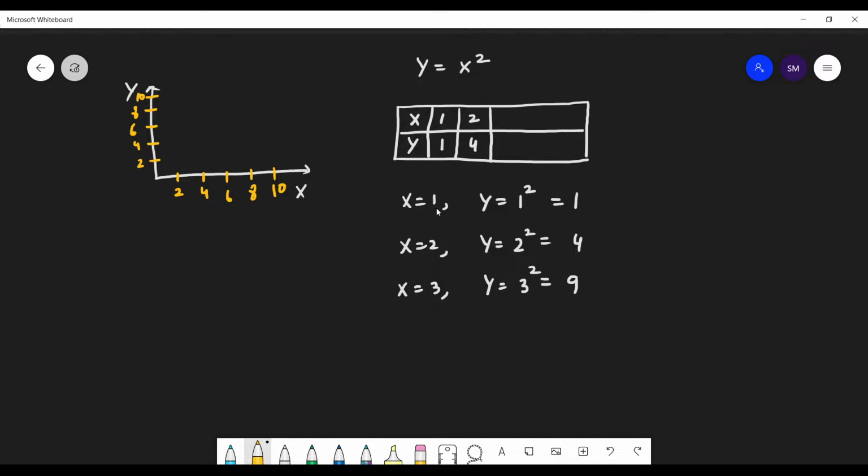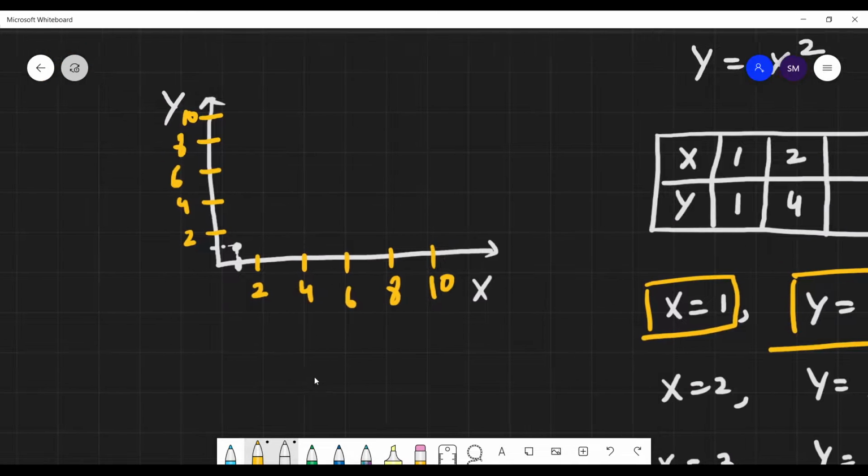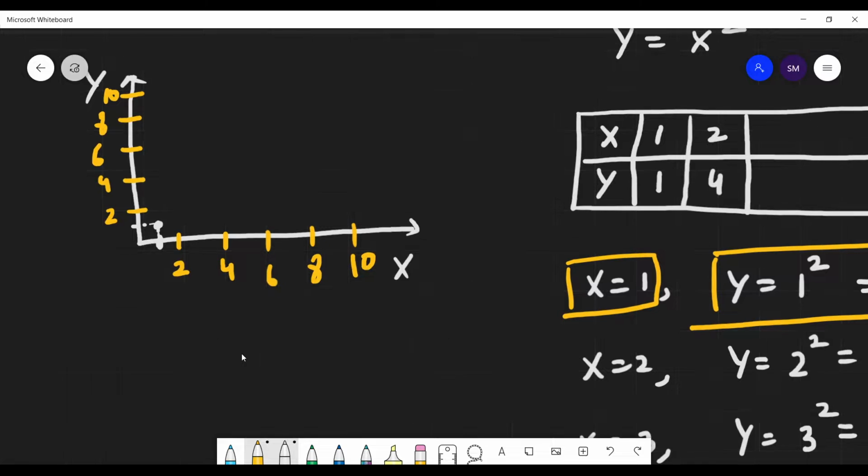Now the first point is x equals to 1, y equals to 1. So you have x equals to 1 here and y equals to 1 here. So join these, you'll get a point over here. So that's the point I have got.